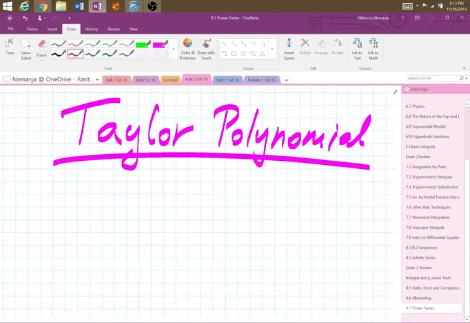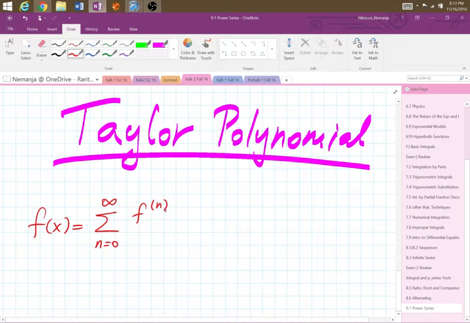Taylor polynomial: f of x is equal to the summation where n starts at 0, goes to infinity, of the nth derivative computed at a, divided by n factorial, times x minus a to the n. If you ever want a tattoo, this should be it.